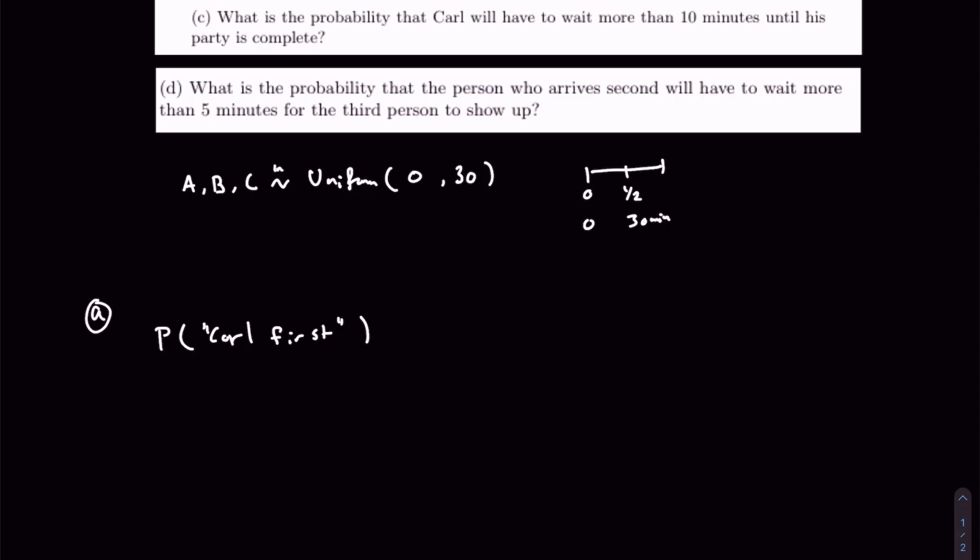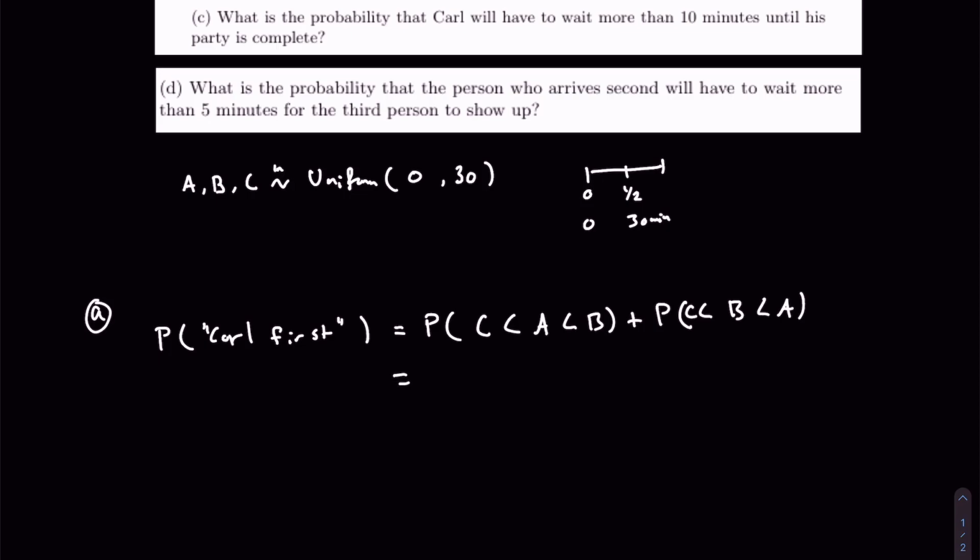That means two things. The probability that Carl arrives before Alice and before Bob, but also the probability of Carl arriving before Bob and then before Alice, those are equivalent.